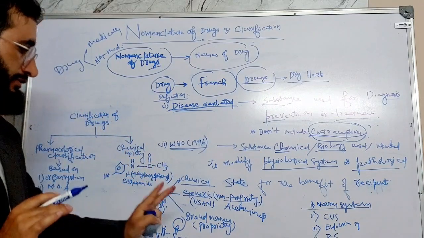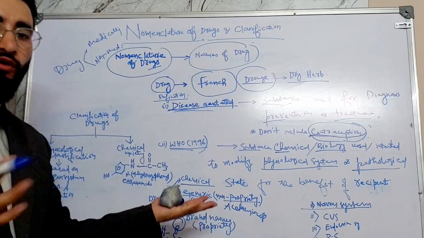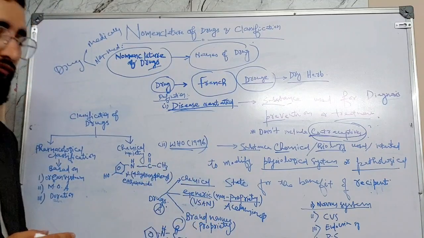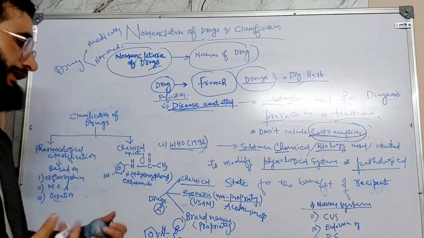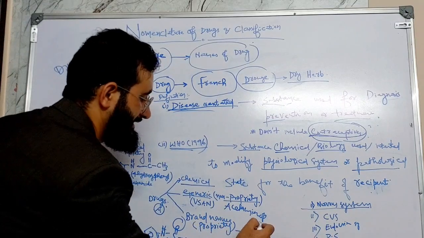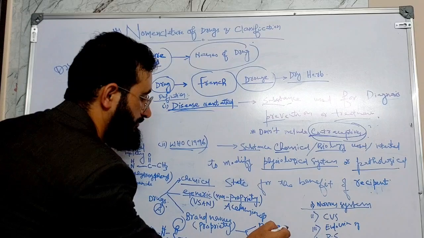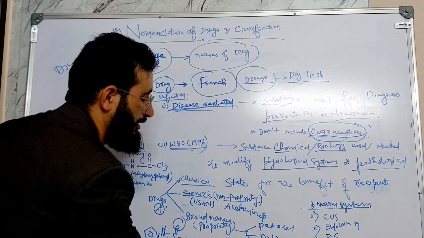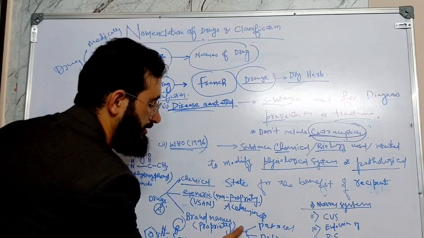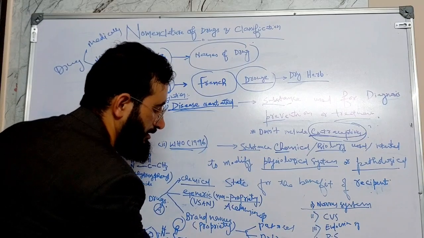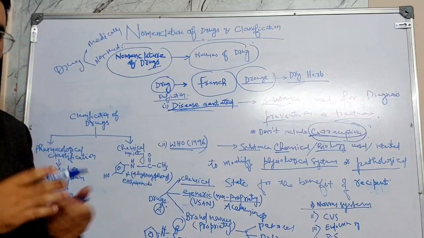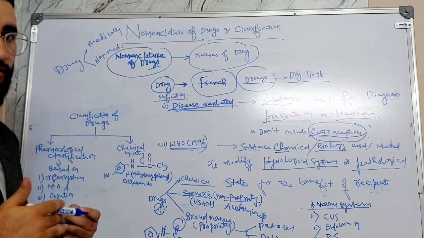Then there are companies who manufacture this acetaminophen and give their trade names, for example paracetamol, Dolo, Calpol, and brand names can be different names.